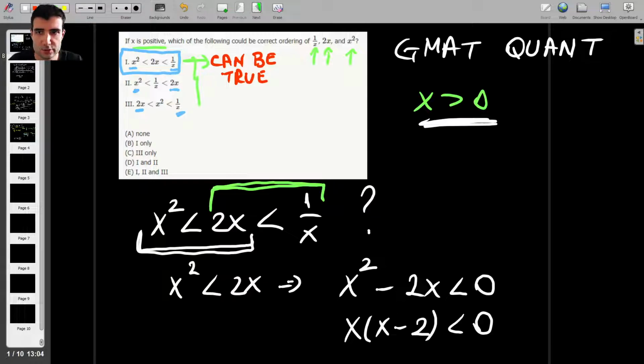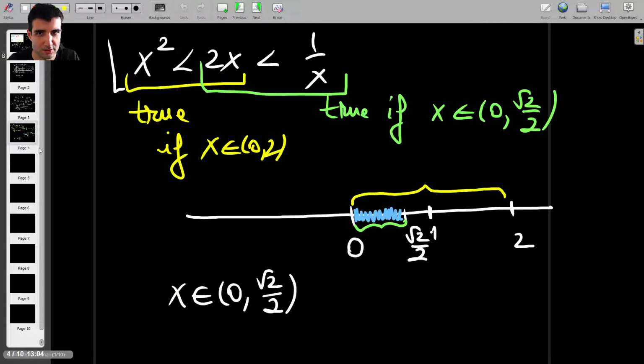Now, let's look at the second one. But before we look at the second one, there's one more thing I would like to do at this point. Although we proved that this inequality can hold, and we treated those two things separately, I would also want to look at the first and the last parts of the inequality.